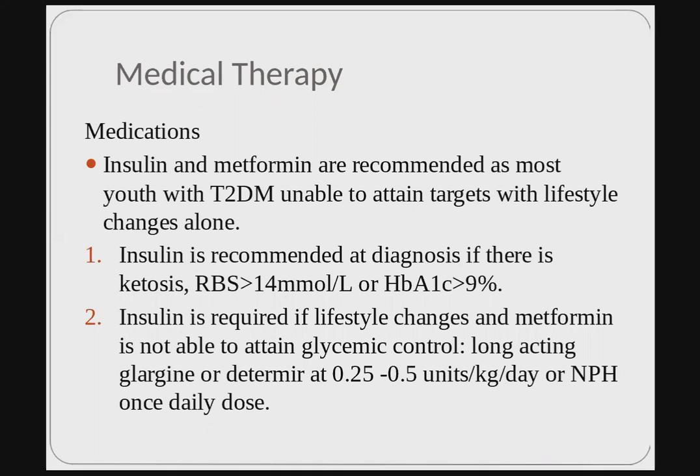But it's important to note that it has a good safety profile, but carries a real risk of lactic acidosis. And so one has to be very careful, as it is not recommended in people with renal impairment, those with cardiac and respiratory insufficiency, or individuals with gastrointestinal illness or receiving radiographic contrast.